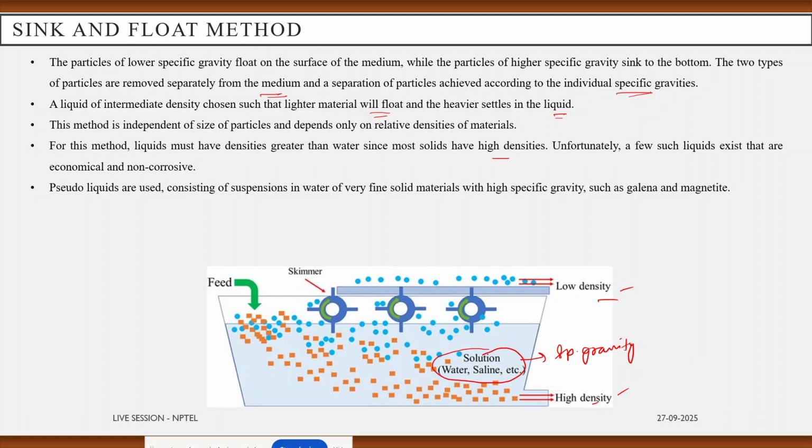How do we make such densities of the solution medium? By adding very fine solid materials with very high specific gravity, such as galena and magnetite.